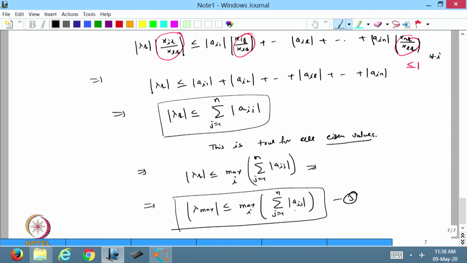In this case I am taking the modulus of each element in the row, and then taking the summation, and then taking the maximum of all these summations. So, from here I can say that the maximum eigenvalue will always be less than this one. So, this is an upper bound for lambda max.